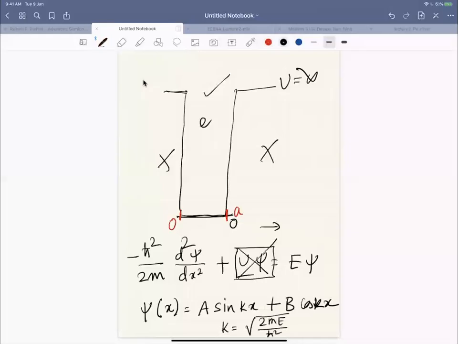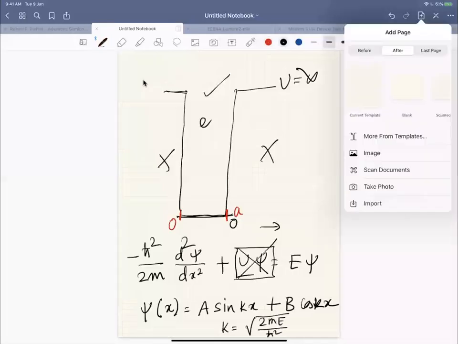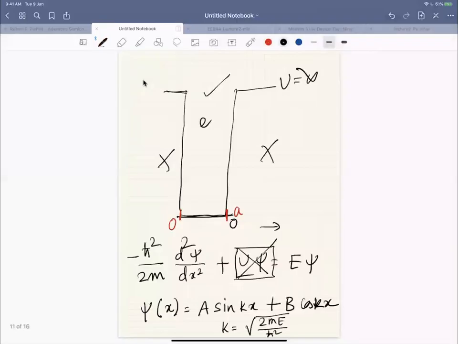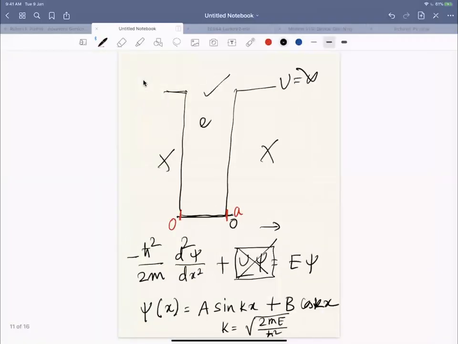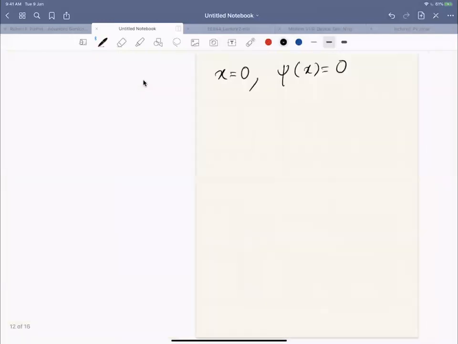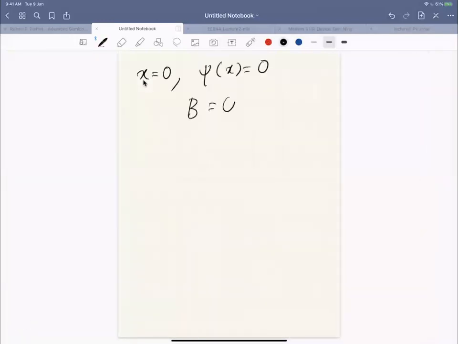So now you could put the boundary conditions. We know that at x equal to 0, psi x equal to 0, because the electron cannot go out. At the boundary, the probability of finding the electron is also 0 because psi has to be continuous. So you do that, then b equal to 0. Then at x equal to a, also psi x equal to 0.